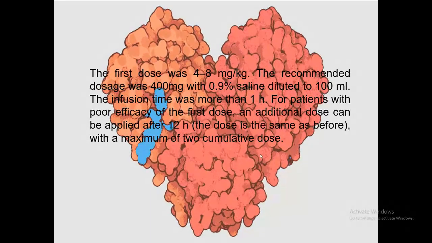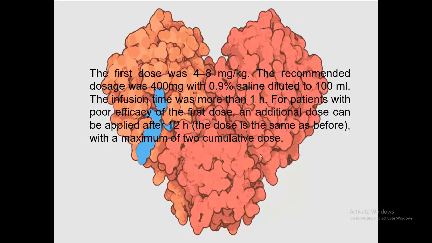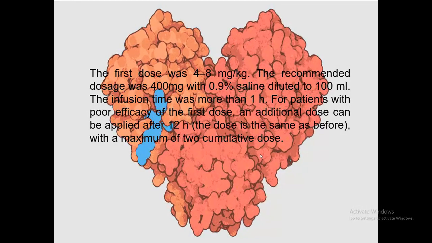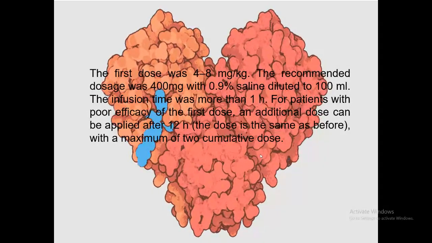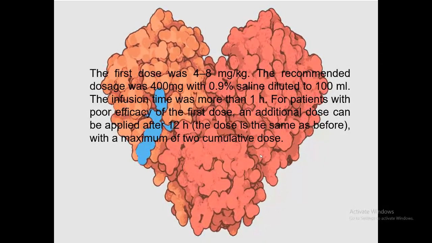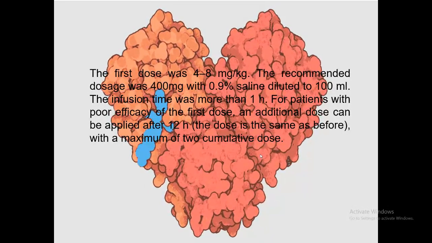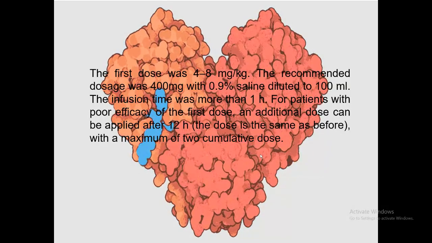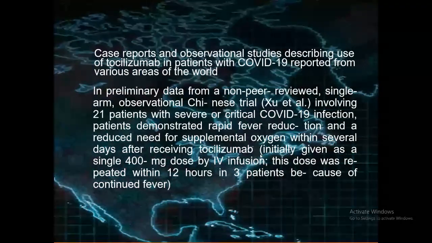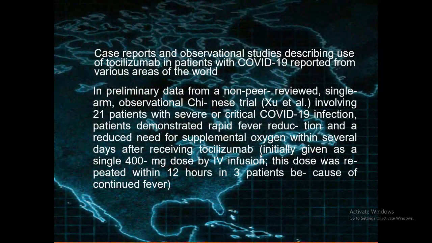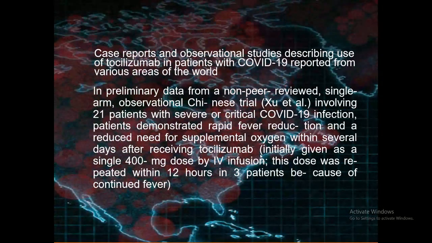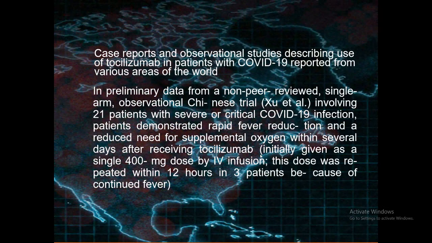The first dose was 4 to 8 milligram per kg. The recommended dose is 400 milligram in 100 ml normal saline, with an infusion time of 1 hour. Some patients with a poor effect from the first dose will need a second dose after 12 hours. There are many case reports and observational studies describing its use in COVID-19 from many different countries.